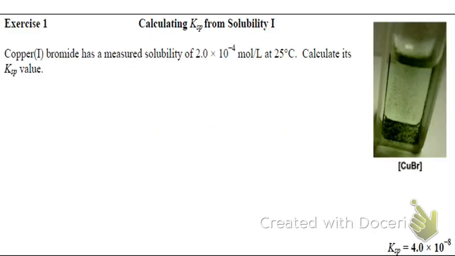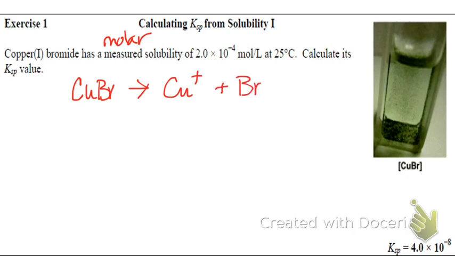Okay? So here we have copper 1 bromide, which has a measured solubility. Sometimes we call this a molar solubility, so recognize that, of 2.1 times 10 to the negative 4. Calculate its Ksp value. We know that copper 1 bromide is going to break apart into Cu plus and Br minus.